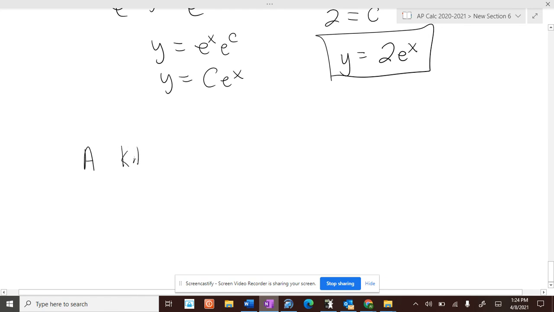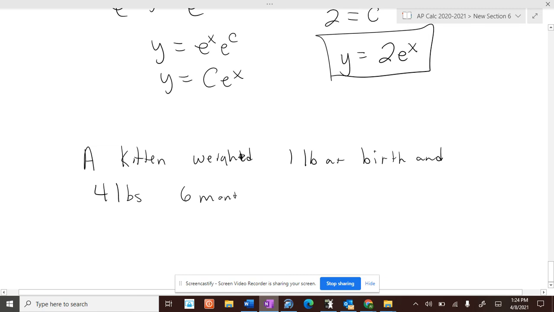A kitten weighed 1 pound at birth and 4 pounds 6 months later.